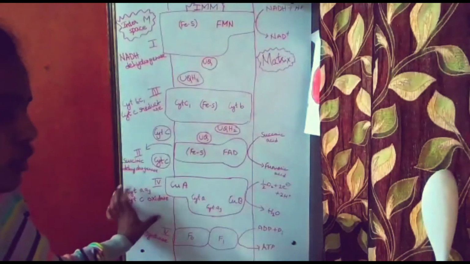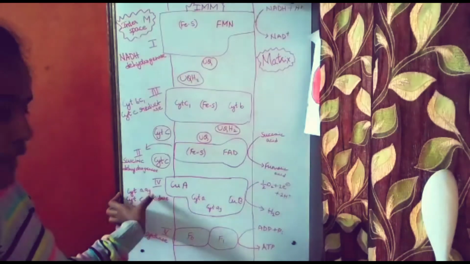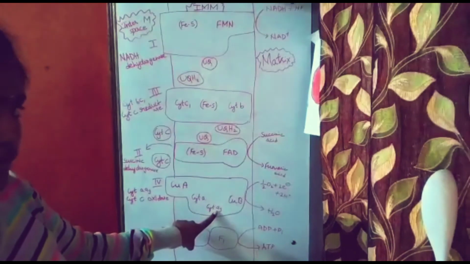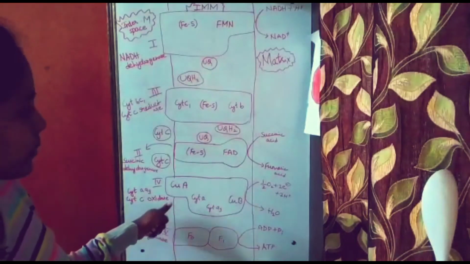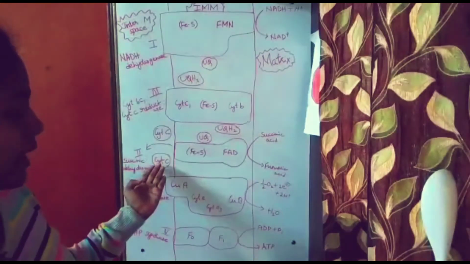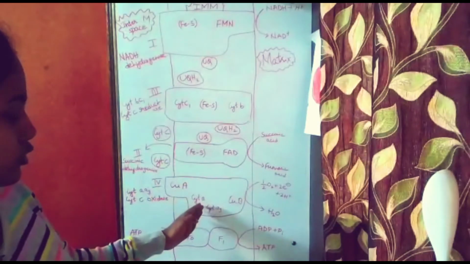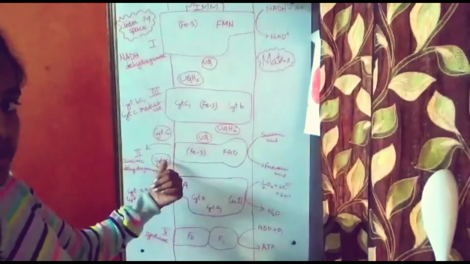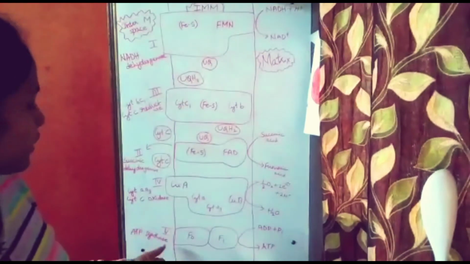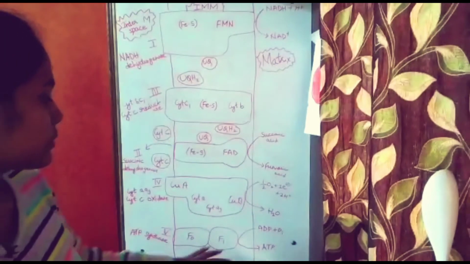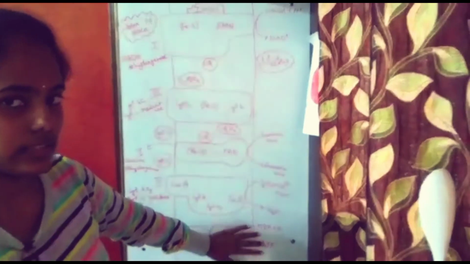And coming to the fourth complex, it is cytochrome AA3 because cytochrome A and cytochrome A3 are the components of this complex. And cytochrome C oxidase because electrons are getting transferred from cytochrome C to the fourth complex. Electrons are getting removed from cytochrome C, right? So cytochrome C oxidase. And the fifth complex is ATP synthase because here ATP is getting synthesized.